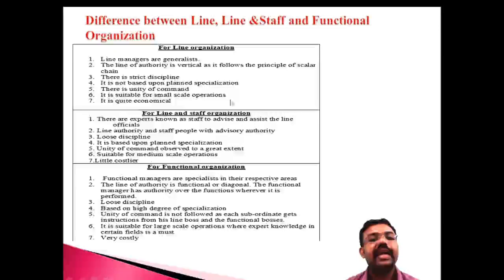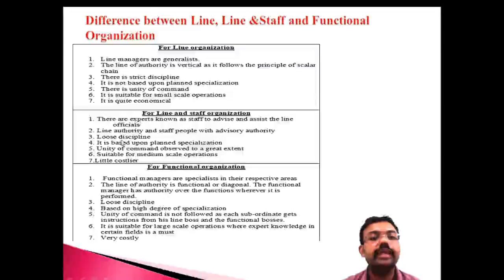To recap: first, there is only a line manager, then a line and staff manager, then a line manager, staff manager, and functional manager. There is line authority, line and staff authority, and line, staff, and functional authority. There is strict discipline, then loose discipline, and loose discipline. The first is not based on planned specialization, but the others are, with a high degree of specialization.